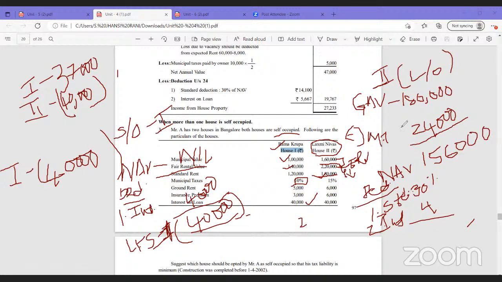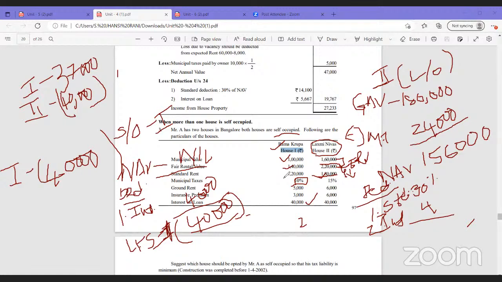Actually, municipal value 10% on this is 12,000. Municipal value, sir. 1,20,000 minus 12,000 is coming 1,08,000. Under that amount, 30% is coming. 1 lakh 20 minus 10,000 will be 1 lakh 10,000, sir.